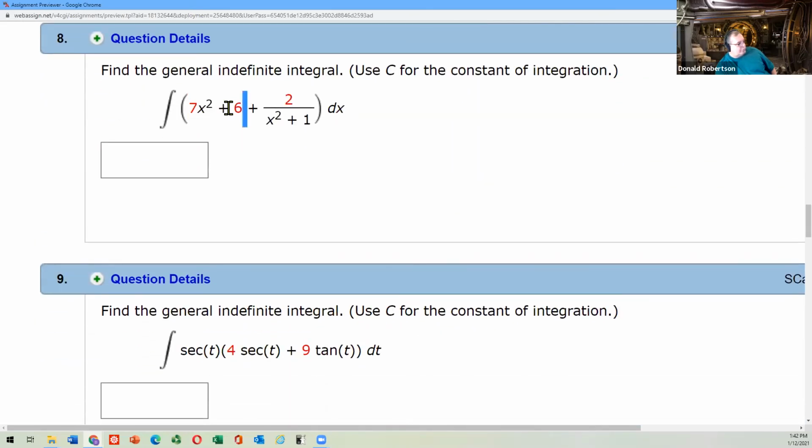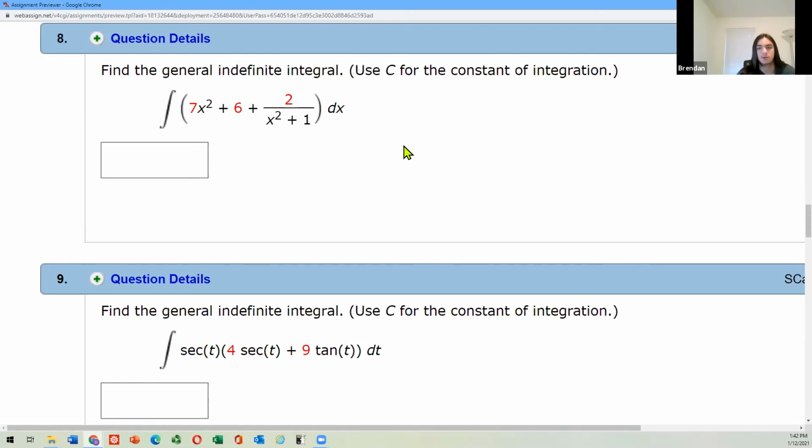Power rule, power rule. What's this guy? What's the integral of 2 over x squared plus 1? Is it 2 inverse tan? It is, it's in my list.